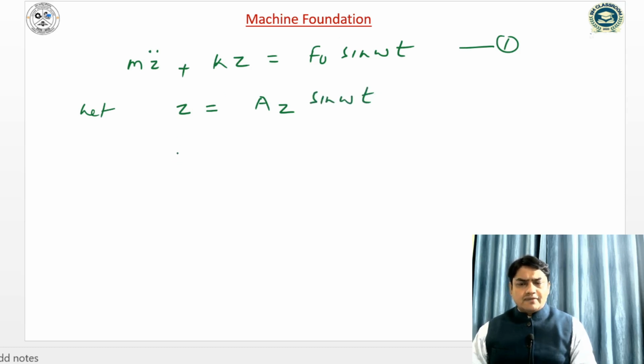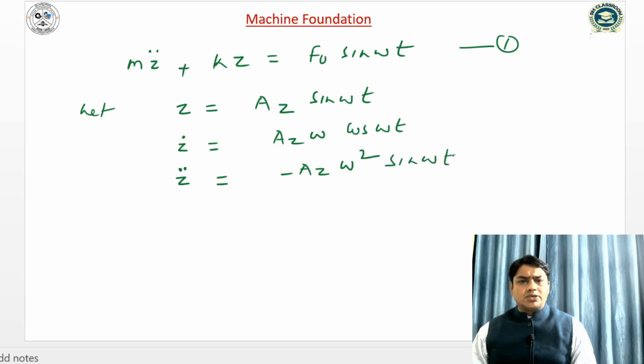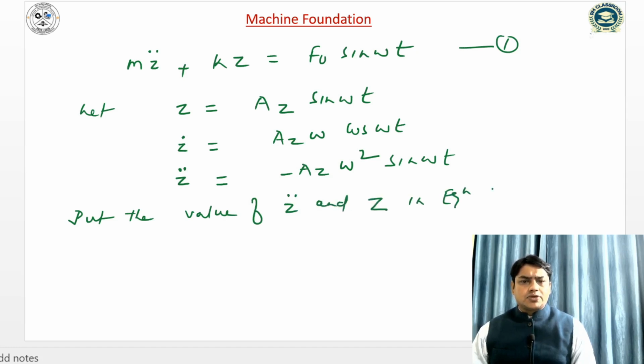If I differentiate, z dot is equal to Az omega cos omega t. Similarly, z double dot can be written as minus Az omega square sine omega t. So I put the values of z double dot and z in equation 1.